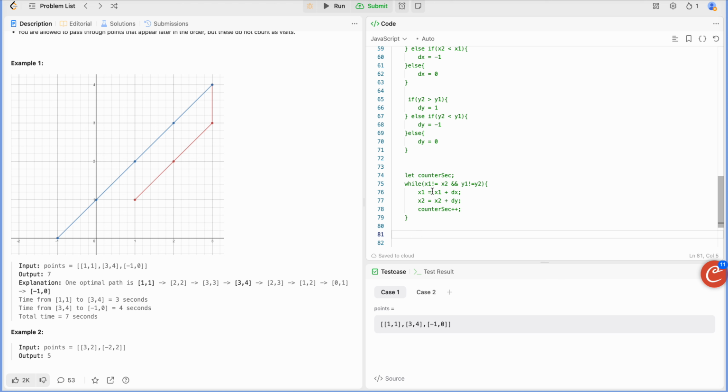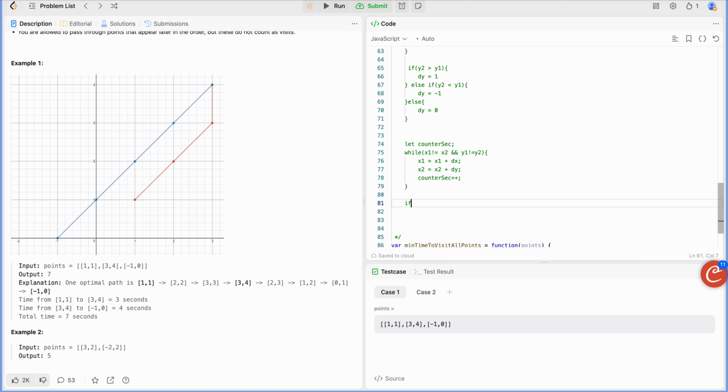So whenever one of these, x1 or x2 and y1 or y2, will be equal, if both of them are not equal, then I'm doing this. If one of them is equal, then I need to just... if these two are equal, then it means that I need to go horizontally, right?